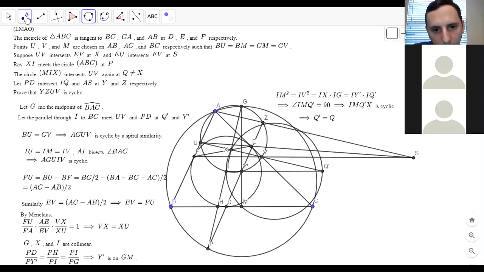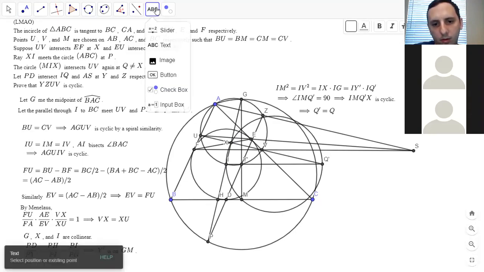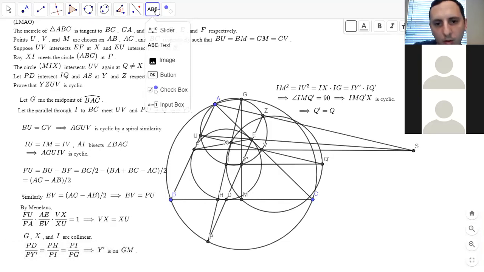So arc AG will be equal to arc ZG. So how do we know AZ is perpendicular to IG? Because AZ is parallel to UV, we defined Z as AS cut the circle. So we need to prove Z, Y, and P are collinear.